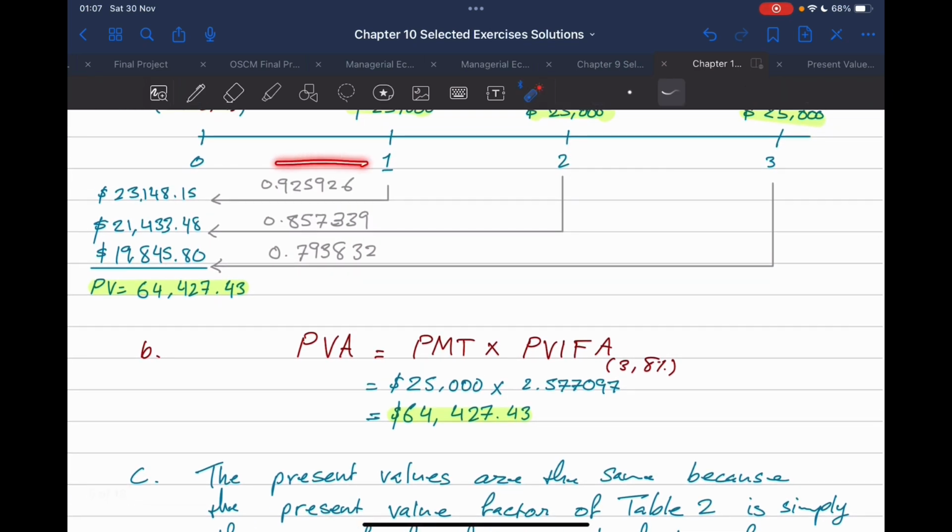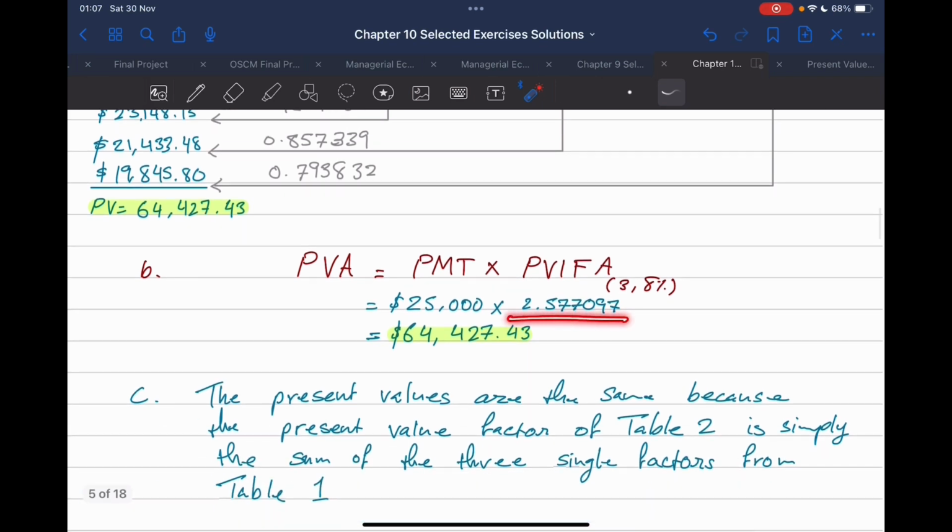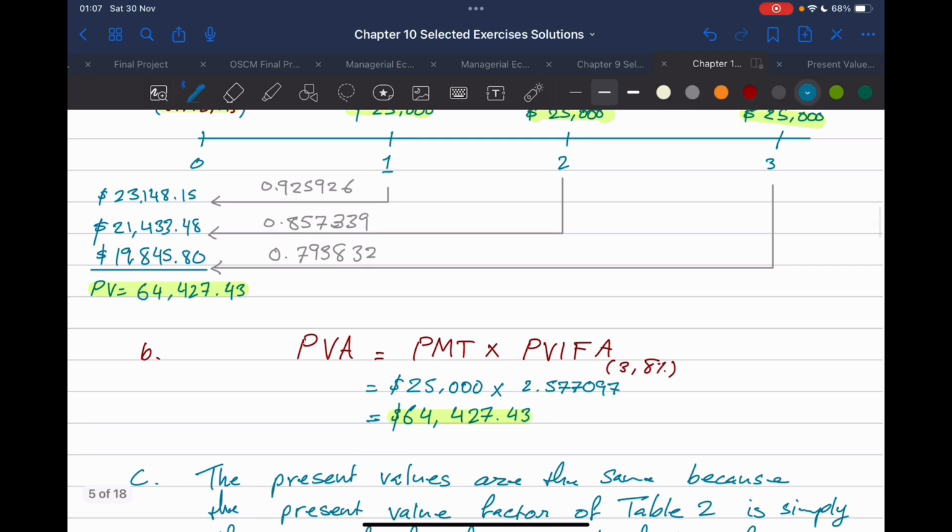We mean that these three factors, if I total them or calculate their sum, should equal this annuity factor. Let's do that and prove it.